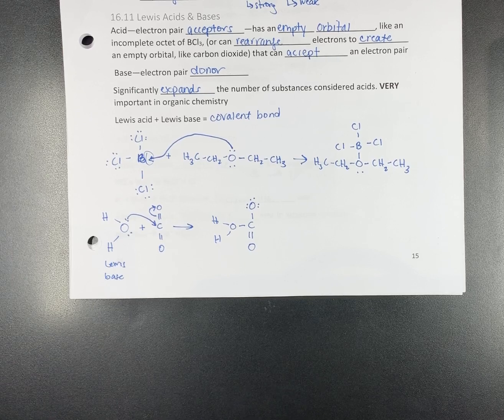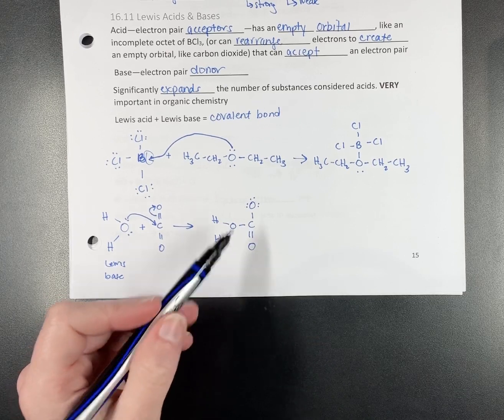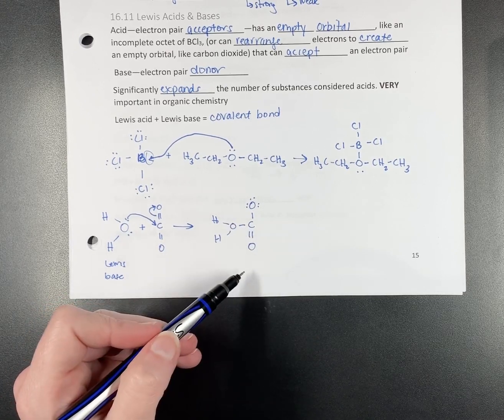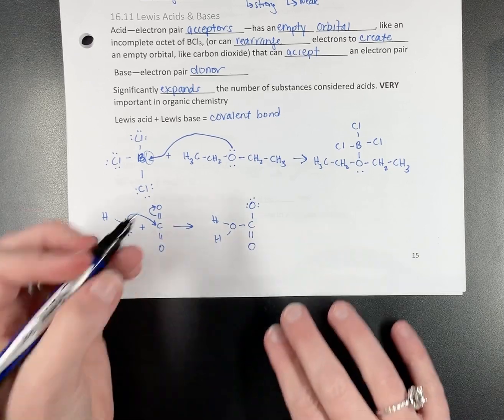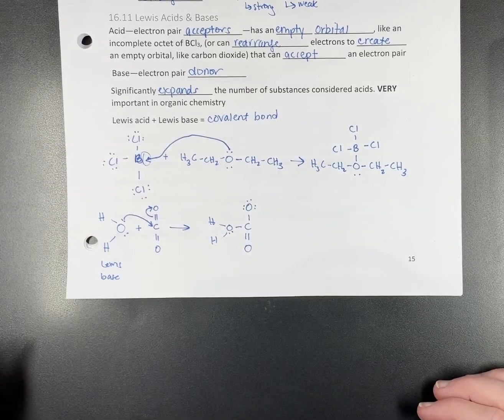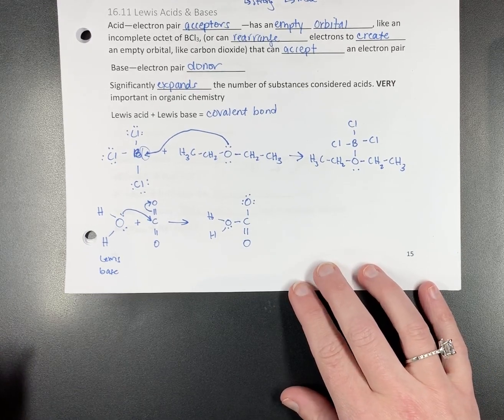Whoa, we totally changed this structure, didn't we? All right, you know what? It's still not happy, because if you go and you put in formal charges, you're going to go, this oxygen is a -1, this carbon is a 0, this oxygen still has a lone pair, is a +1. So we can fix that.